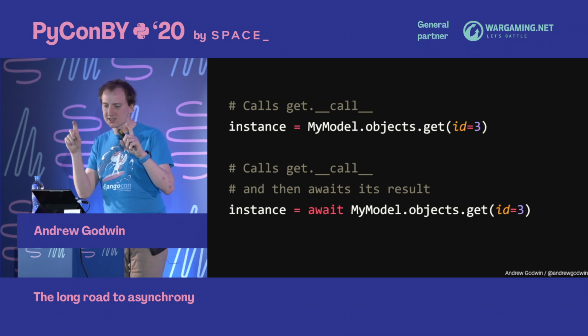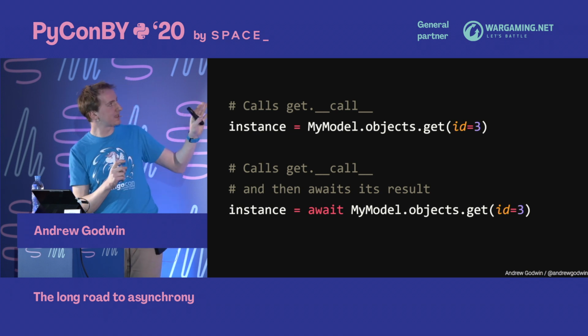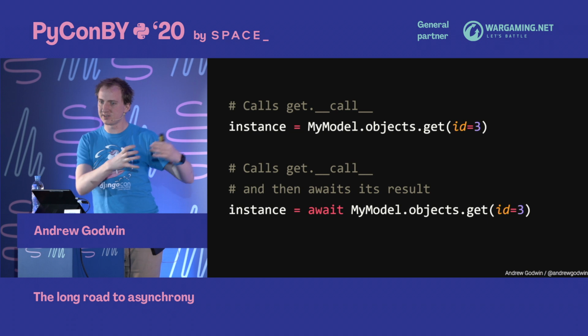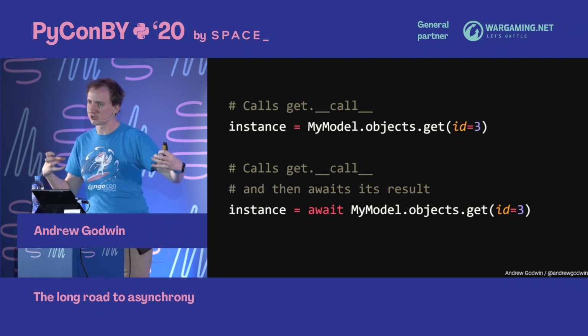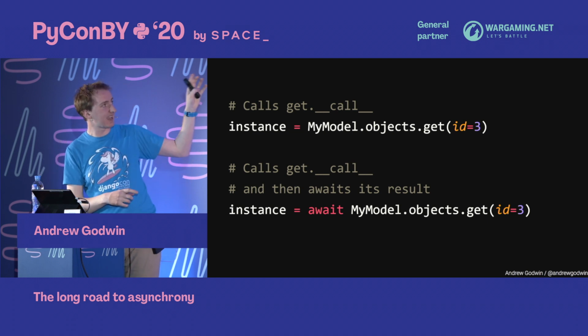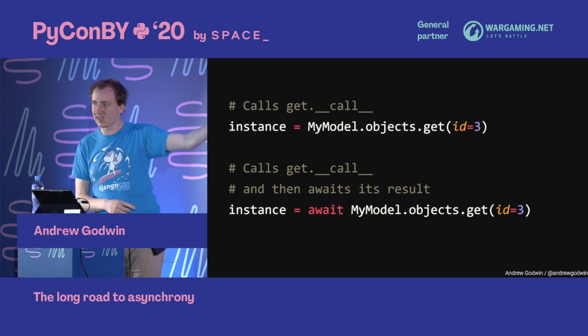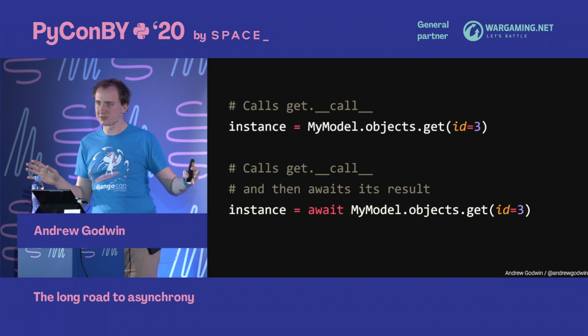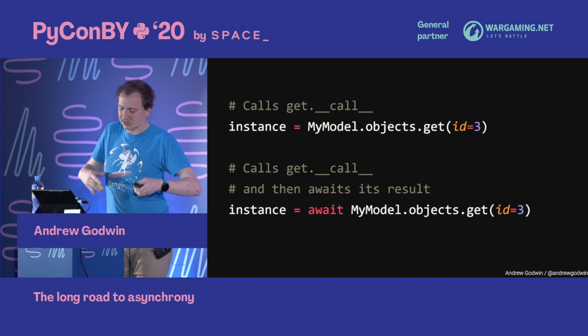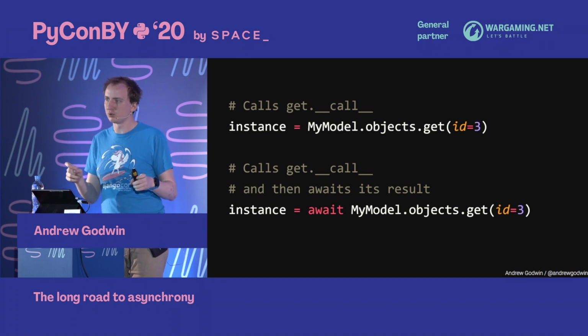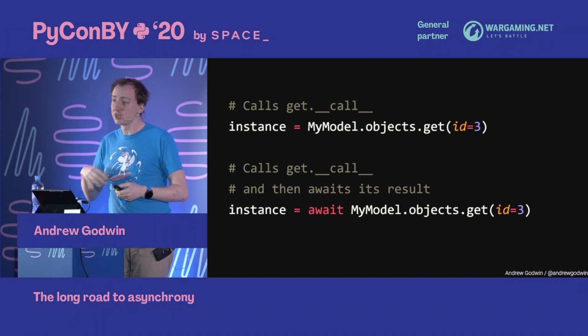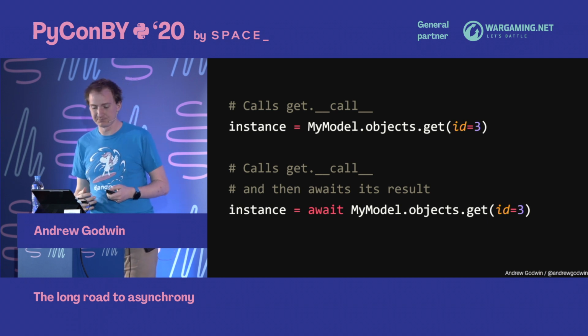There's no asynchronous call. If you think about it, the await keyword is very separate from the function call. You could write this as x equals objects.get, then await x. That would still work perfectly fine. And so because Python doesn't have an asynchronous call, you can't have a function that changes based on how it's being called. You just don't know what's calling you.